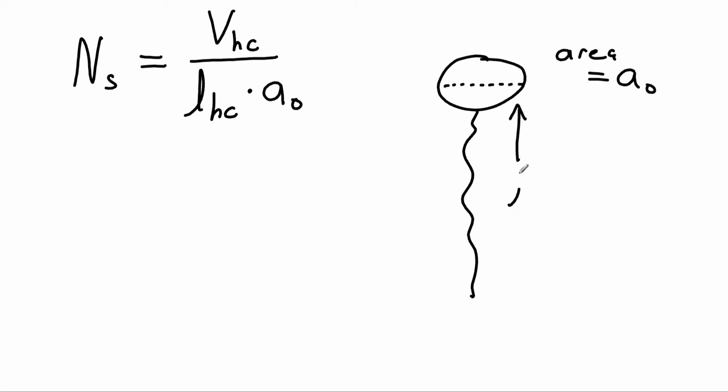The length of this hydrocarbon chain is just L sub hydrocarbon. And we can imagine that the volume should have a name. We'll call that the volume of the hydrocarbon chain.